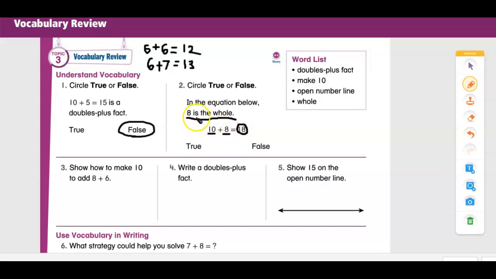So is this statement true or false, that 8 is the whole? This statement is false. 8 is not the whole. The number 18 is the whole, and 8 is just one of the add-ins.